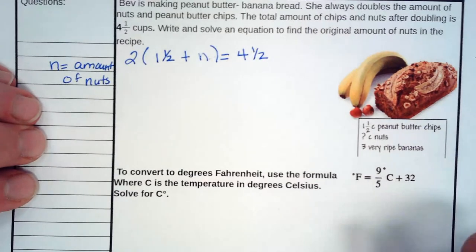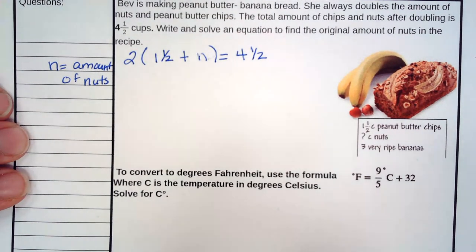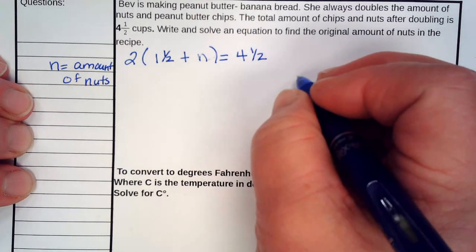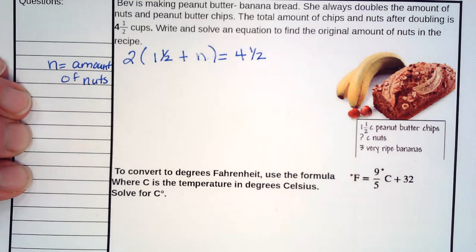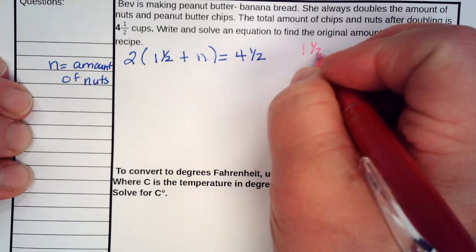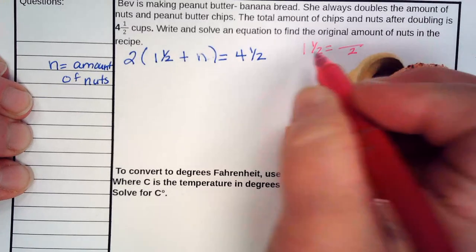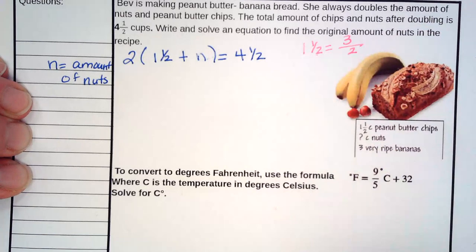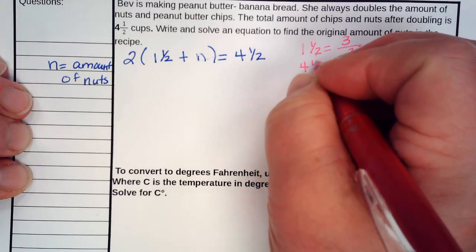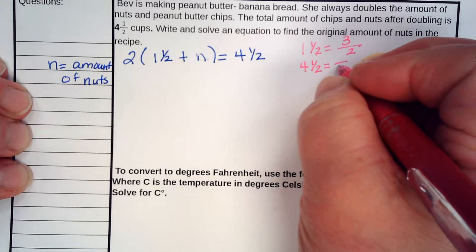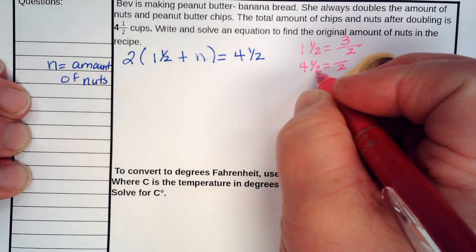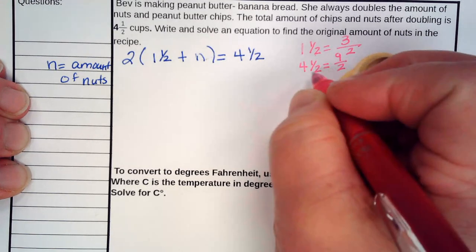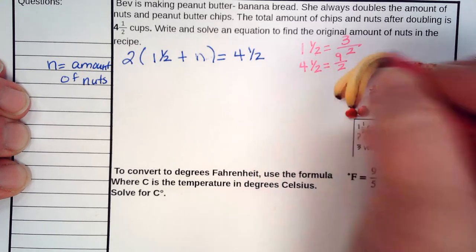Okay, so the N stands for the amount of nuts. Now there's 2 things I've got to convert, 1 1/2, and 4 1/2. So if I'm thinking about this, 1 1/2 is equal to how many over 2? 2 times 1 is 2, plus 1 more is 3. 4 1/2 cup is equal to how many half cups? 2 times 4 plus 1 is 9. 2 times 4 is 8, plus 1 more is 9.